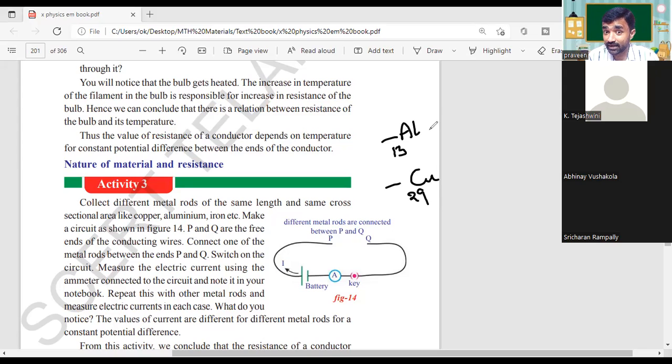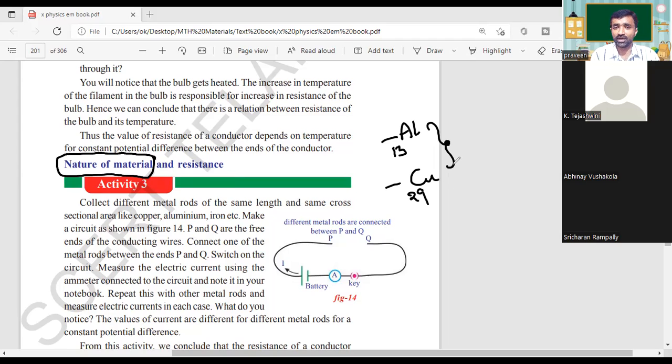Then here, the availability of free charges changes. Due to that reason, you are measuring different current values. That is the reason to observe the importance of the material.